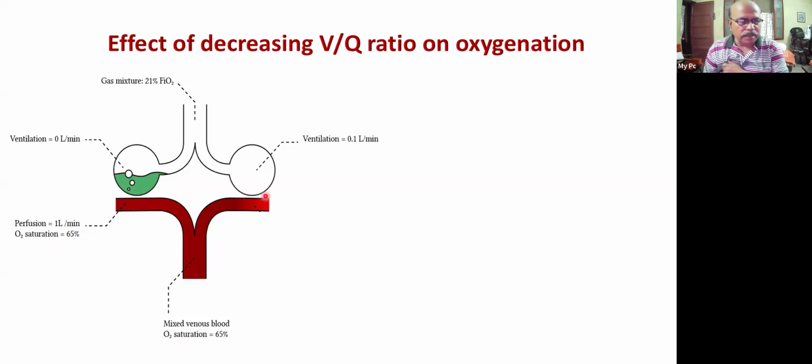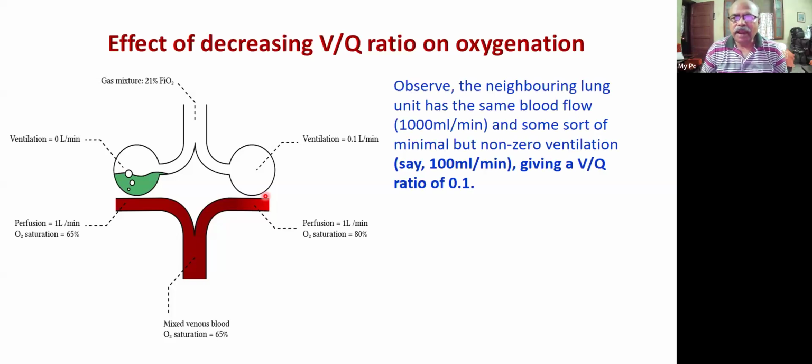Supposing this does not have a 0 ventilation, it has only a minimal ventilation of 100 milliliters per minute, and the perfusion is still 1 liter per minute. What is happening? Due to this 21% FiO2, since 100 milliliters is coming into the alveoli, that means 21 milliliters of oxygen is coming into this alveoli to be absorbed into the blood, which will give you an oxygen saturation of about 80%.